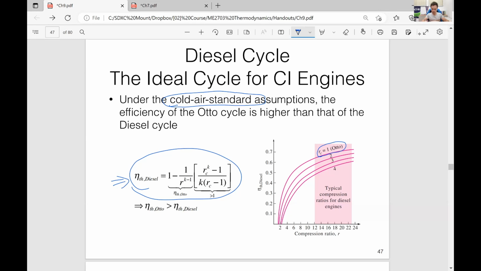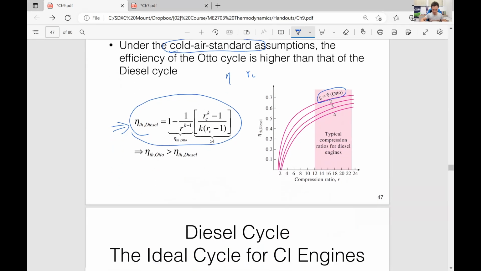When the cutoff ratio increases, the efficiency of the diesel cycle decreases. So the cutoff ratio and the diesel cycle's efficiency are inversely proportional with each other.